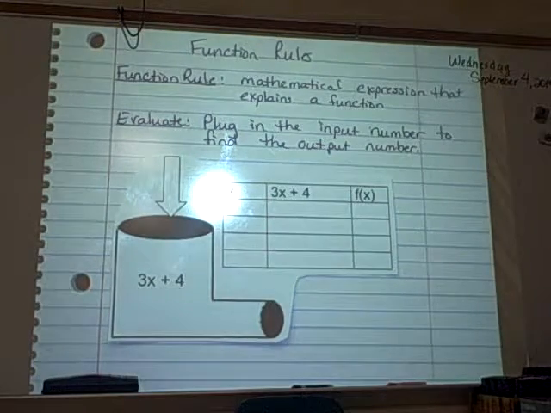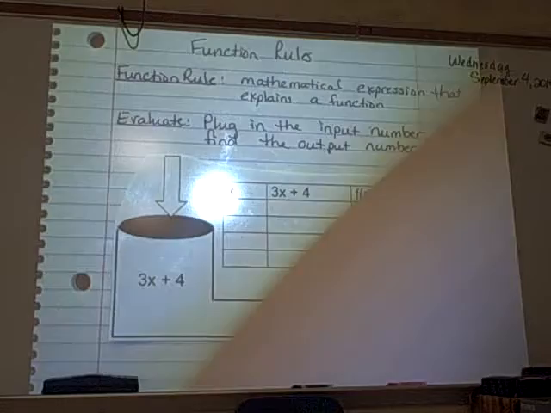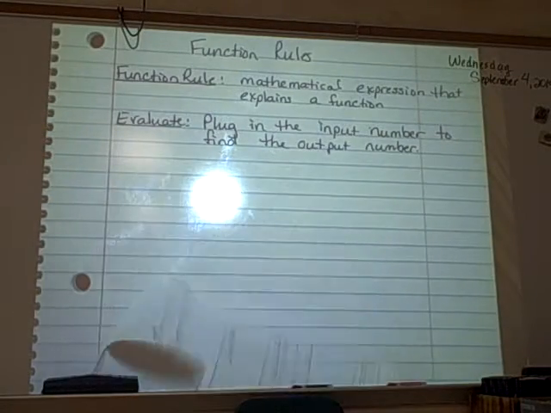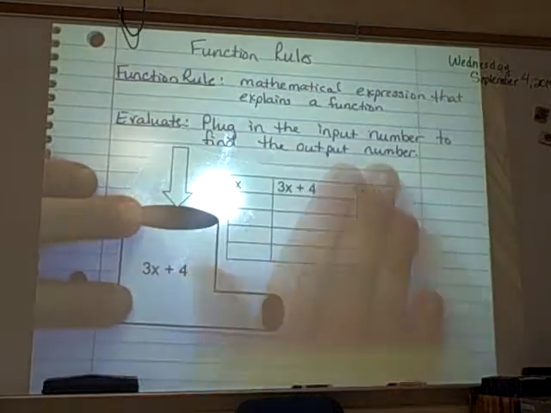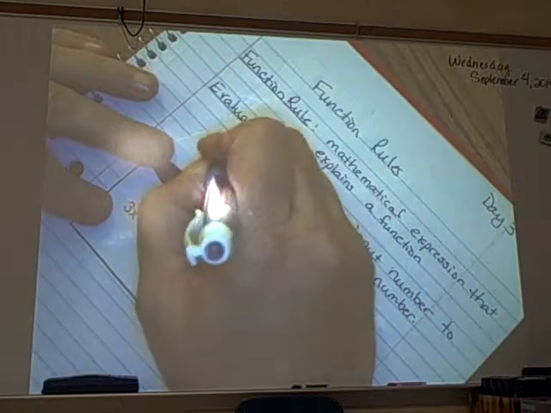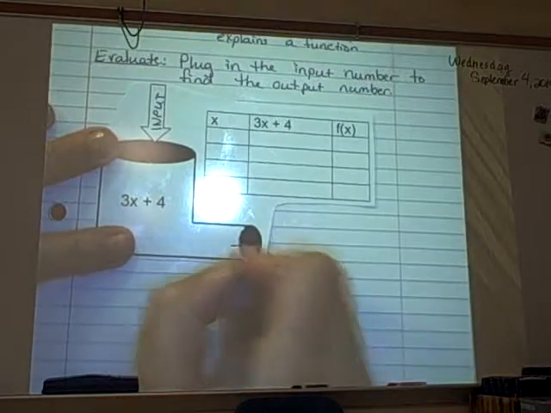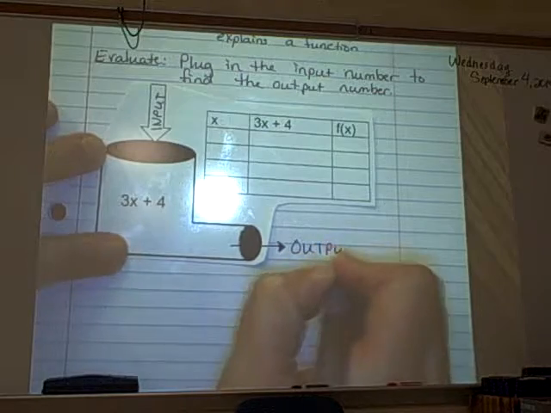Okay, so this is going to be our function rule. You can write the word input on the little arrow. And then draw a little arrow that comes out of it, and write the word output.